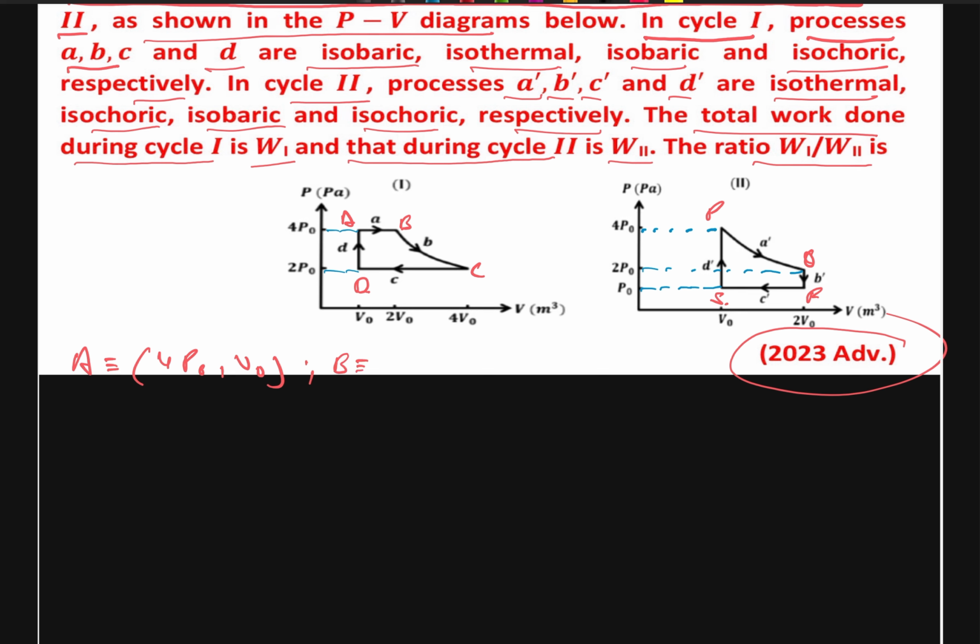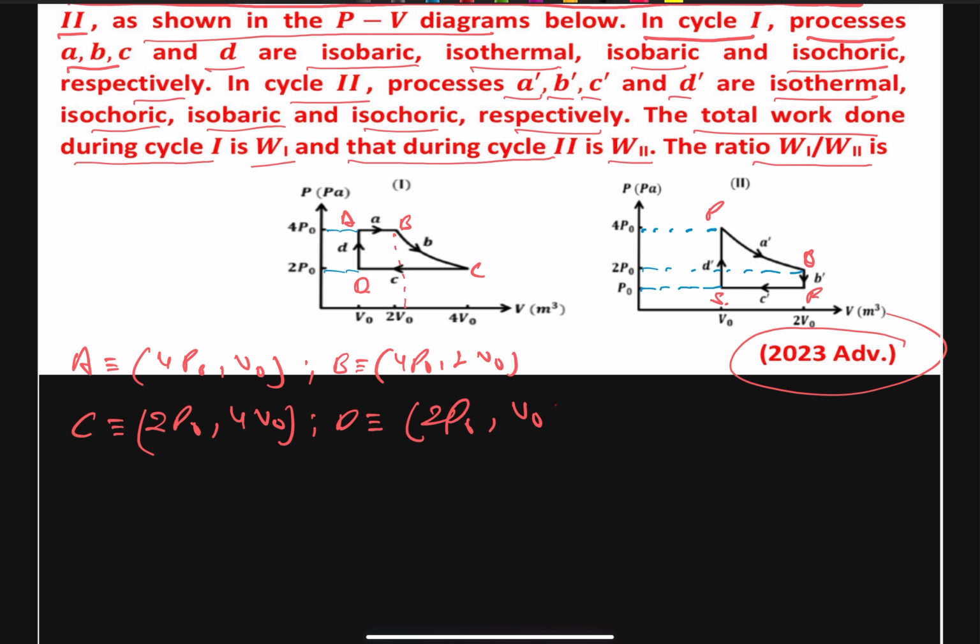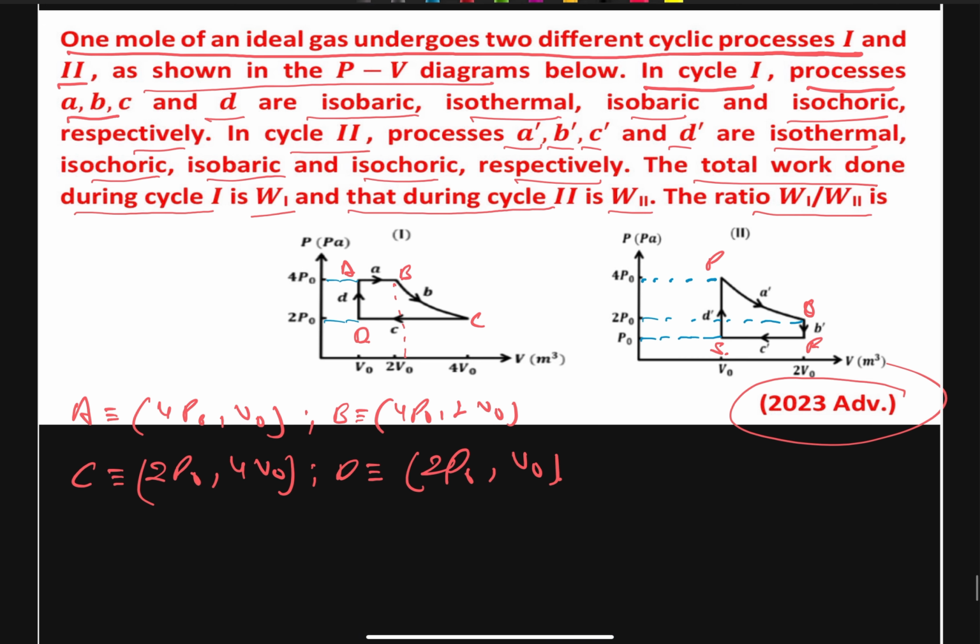Coordinate B will also be 4 P0, and the volume here is twice V0. And we have C, the pressure is twice P0, the volume is 4 V0. And finally we have D, which is twice P0 and the volume is V0. And this is our process 1.